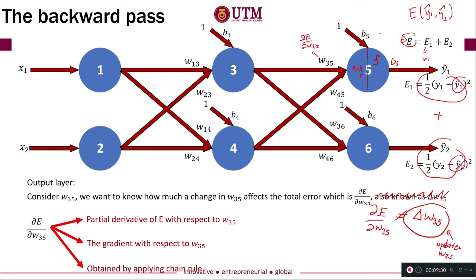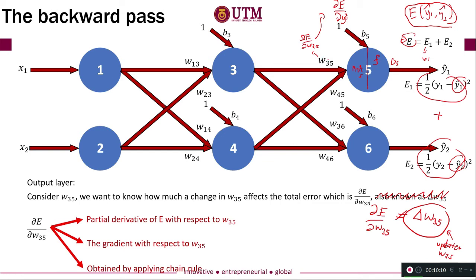So to find this delta here, you need to extend the chain rule into del E over del y1 hat. Why do we need to do this with respect to del y1 hat? Because we know that our E has two independent variables, y1 hat and y2 hat.